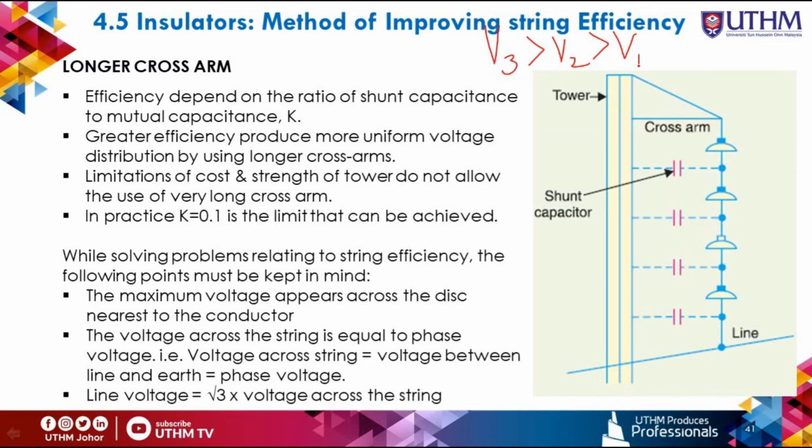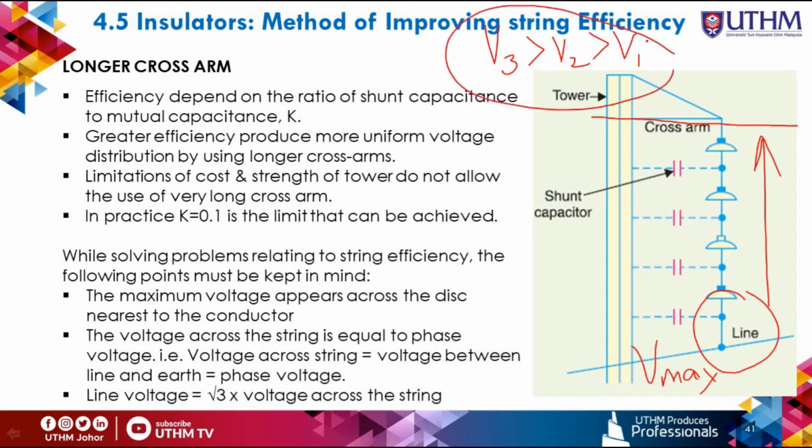The maximum voltage appears across the insulator nearest to the line conductor, which is the Vmax, and it decreases progressively as the cross arm is approached, from V3 to V1.